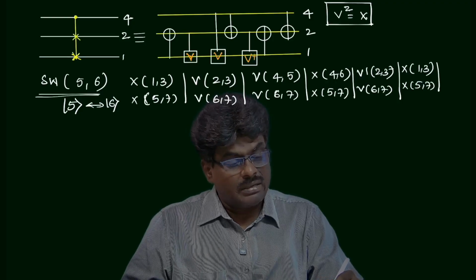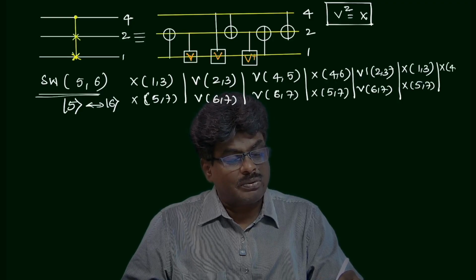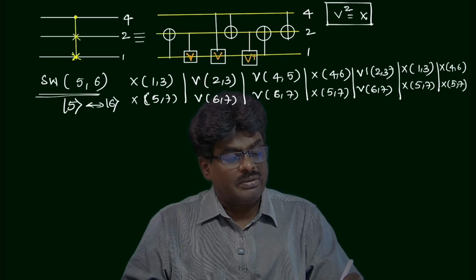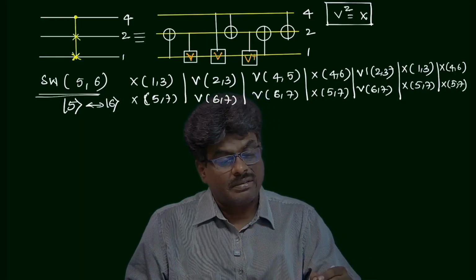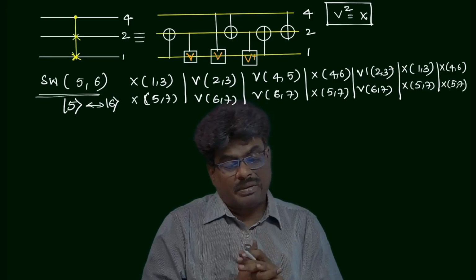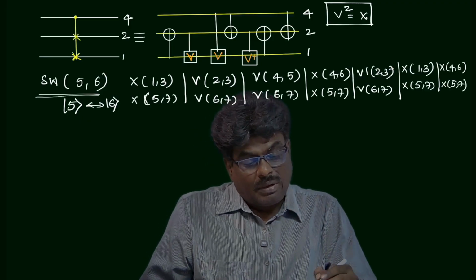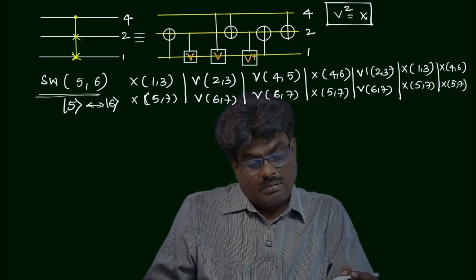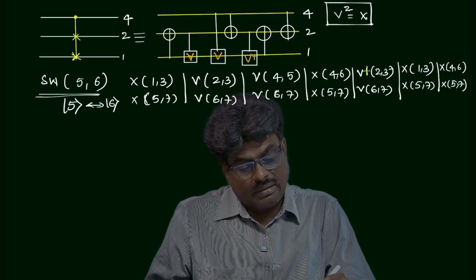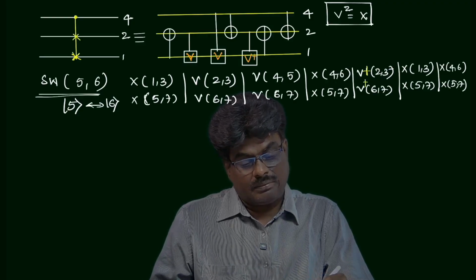Next again C not, this time it is from 4 to 2, 4 to 6, and add 1 of 5 to 7. That's it. Now carefully observe. No need to worry. It's easy only. No need to worry. Now here we have, sorry, this V dagger, this one V dagger, and this is also V dagger.